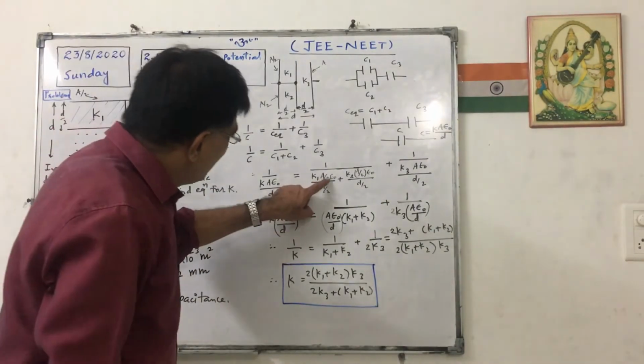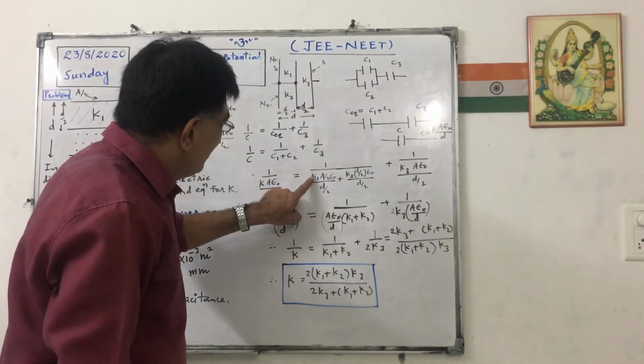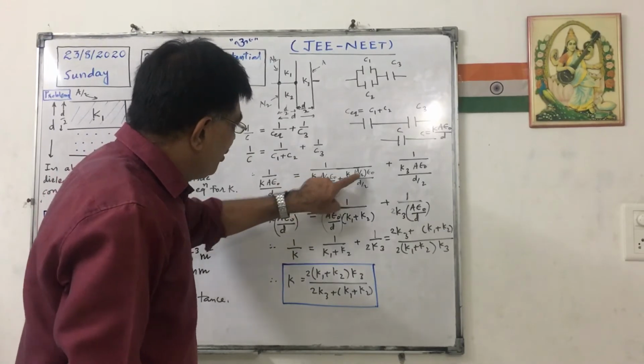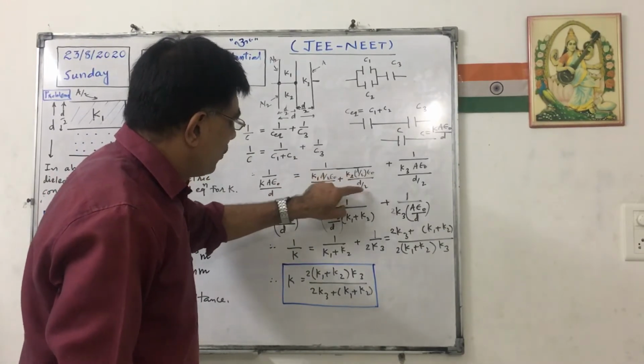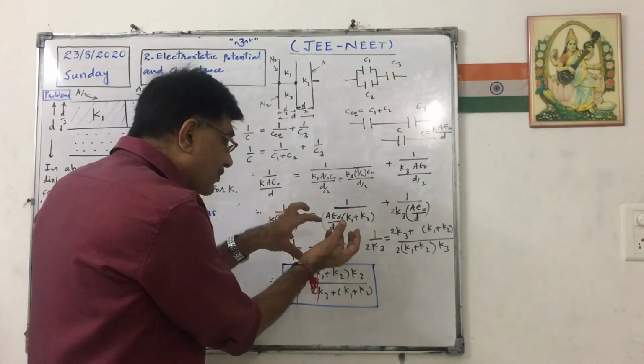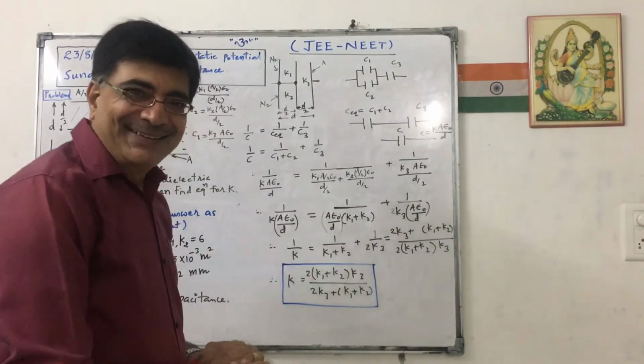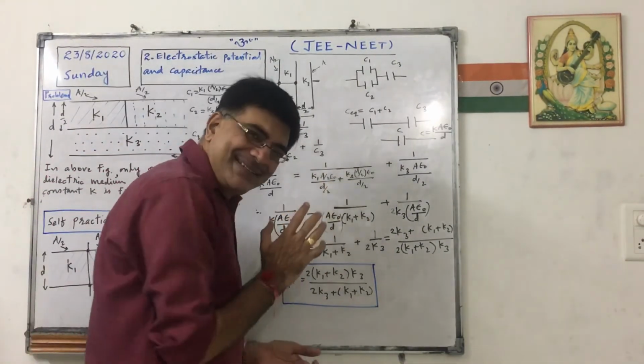Now these two will be cancelled. So it is K1 A epsilon naught upon D, here also K2 A epsilon naught upon D. I have taken A epsilon naught upon D as common. So this will be K1 plus K2.